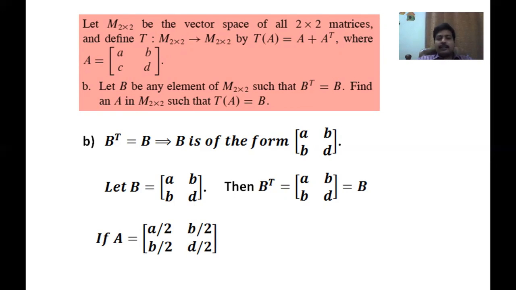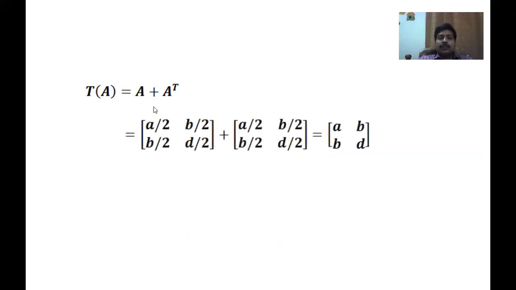If A is taken as [A/2, B/2; B/2, D/2], then A transpose is again the same matrix. T of A is equal to A plus A transpose, that is [A/2, B/2; B/2, D/2] plus the same matrix.